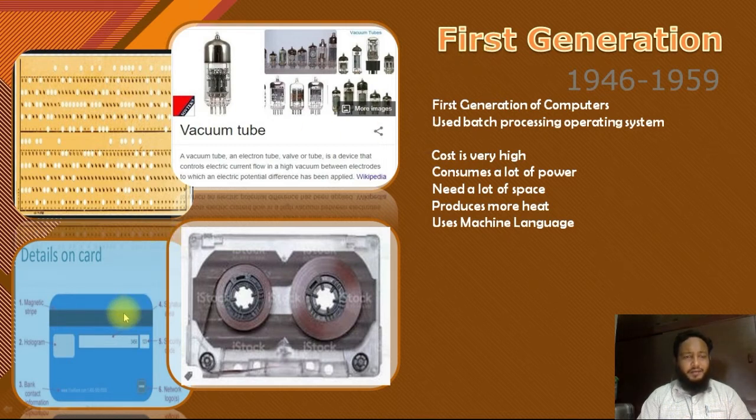Magnetic tape is what we see today on our ATM cards as the black strip on the back side. Earlier we saw magnetic tape in reels of tape recorder cassettes, VCR cassettes. The input devices were punched cards or punched paper tape.